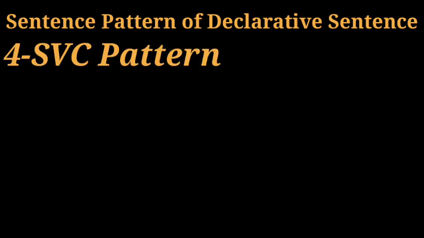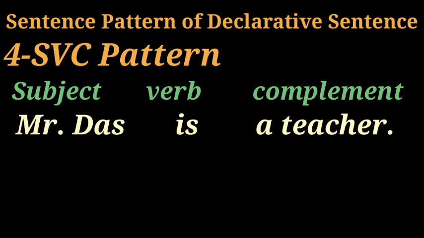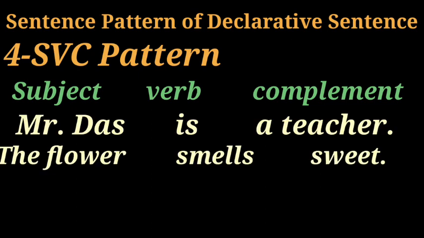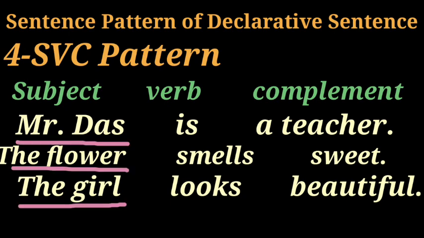The fourth pattern is the SVC pattern. S stands for subject, V stands for verb and C stands for complement. Look at the examples. Mr. Das is a teacher. The flower smells sweet. The girl looks beautiful. Here Mr. Das, the flower and the girl are the subject.